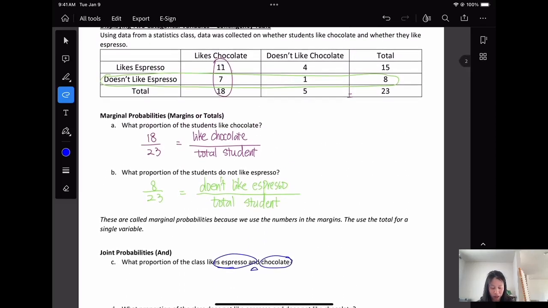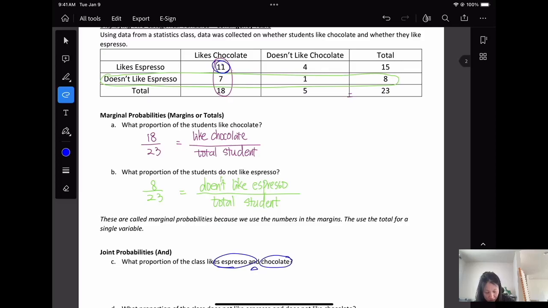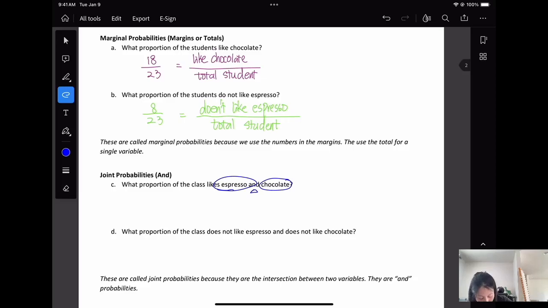In our chart, only 11 students satisfy both, because the number 11 says students like chocolate and espresso. If you look at 7, those are students who like chocolate but don't like espresso. So in this case, it's 11 out of 23, which is the probability that students like espresso and chocolate.